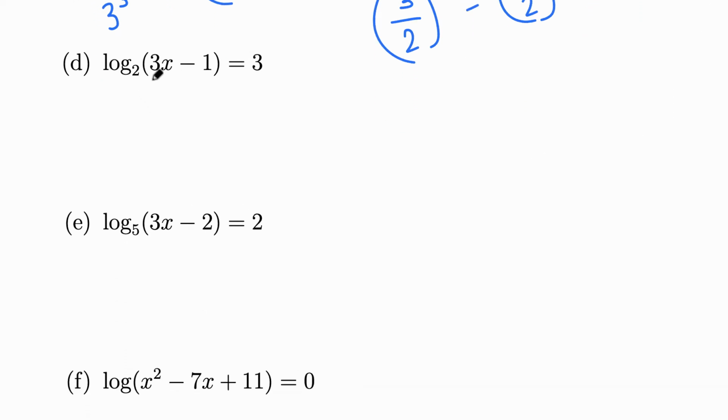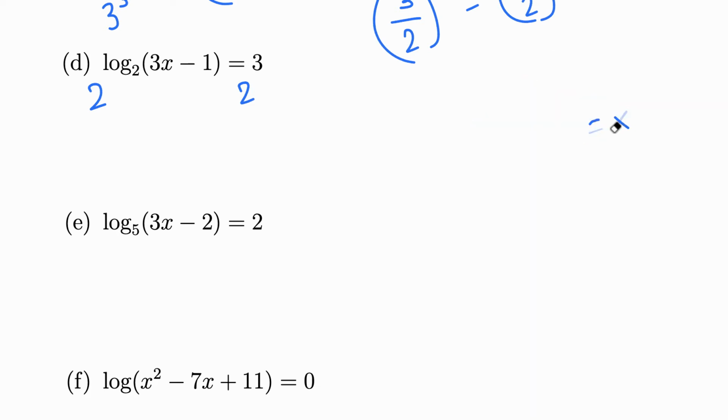Here we have log base 2 of 3x minus 1 equals 3. It's a base 2, so raise both sides as a power of 2. So 2 raised to the left-hand side equals 2 raised to 3. We know that when we have base a and log base a, their actions cancel. We don't exactly cancel, but their actions cancel and just x survives.